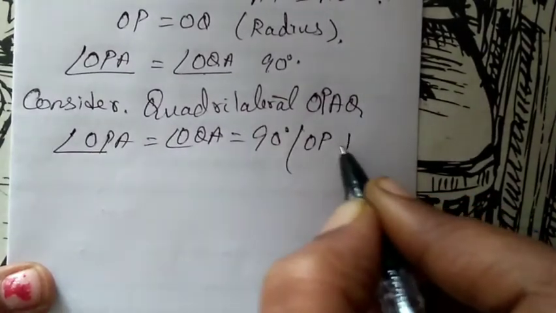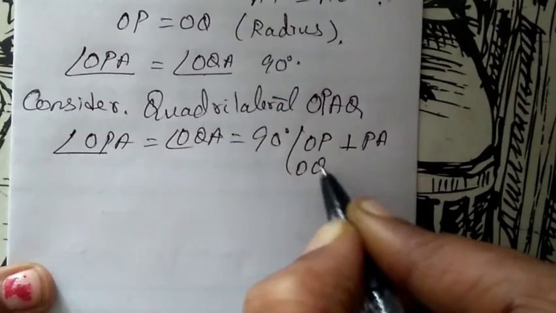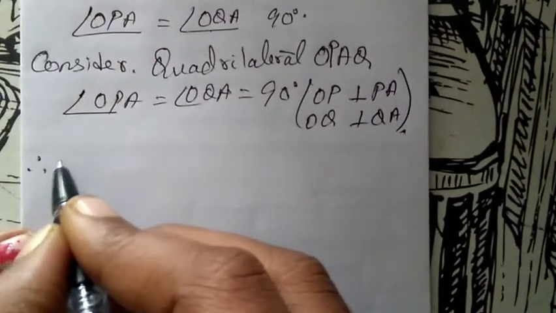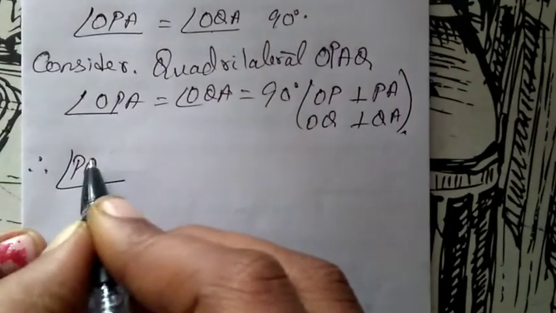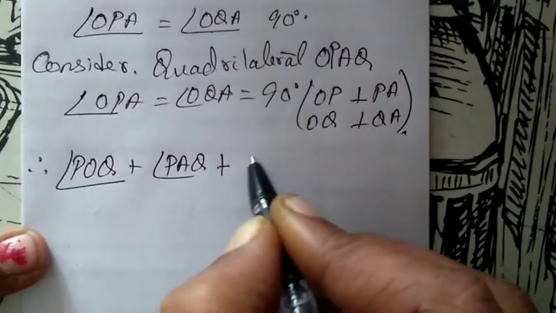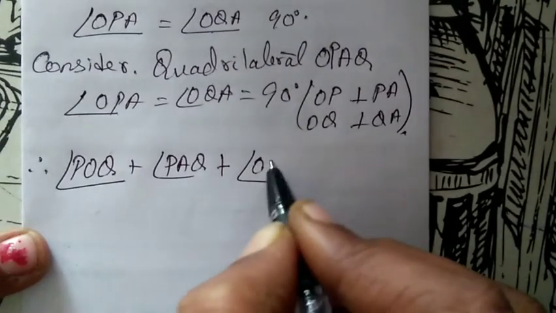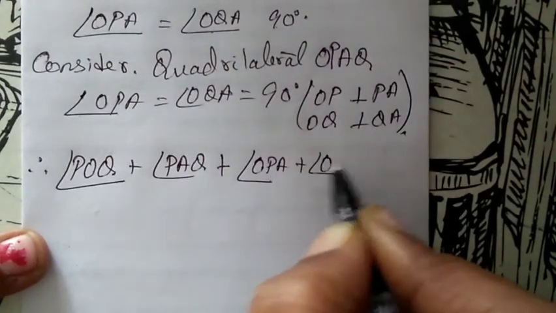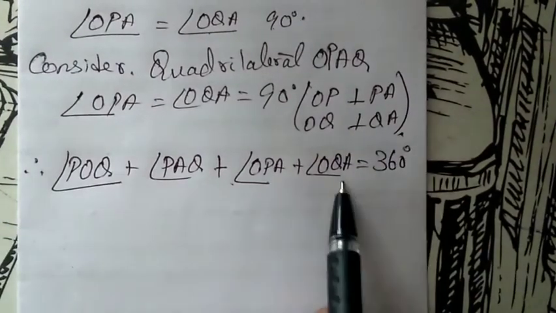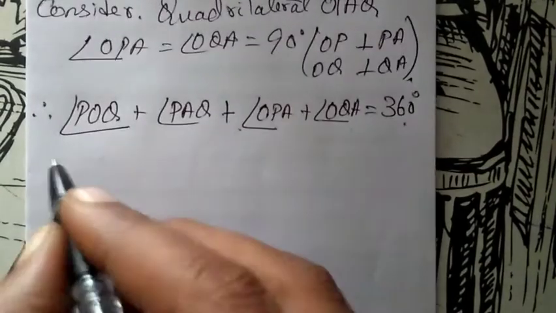So we write OP is perpendicular to PA, OQ is perpendicular to QA. So therefore, in quadrilateral, angle POQ plus angle PAQ plus angle OPA plus angle OQA all will give you 360 degree. Sum of all the angles in quadrilateral is 360.